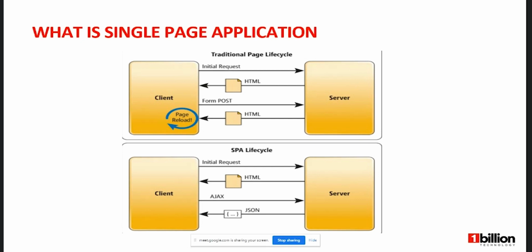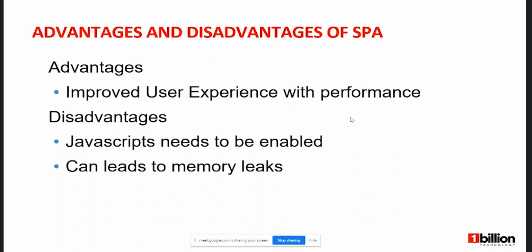Let's look at some advantages and disadvantages of SPA, single page applications. The main advantages are rich user experience and performance improvement. To test performance improvement, we can use a simple tool like Google Lighthouse. I will show you a small overview in a demo.